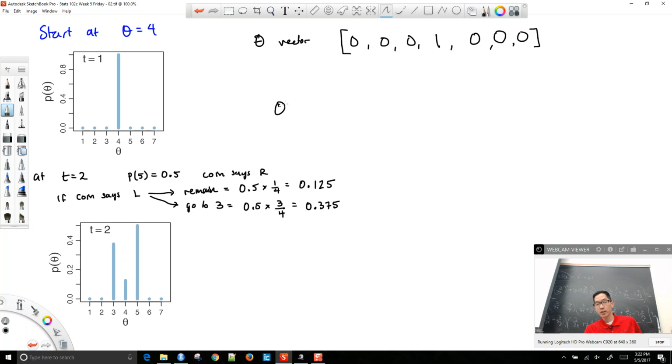And to illustrate how I went from here to here, we're going to take our vector and multiply it by our transition matrix. Oh, sorry, this is not our theta vector. This is our W vector. Okay, and we're going to multiply it by our transition matrix. So what is my transition matrix?